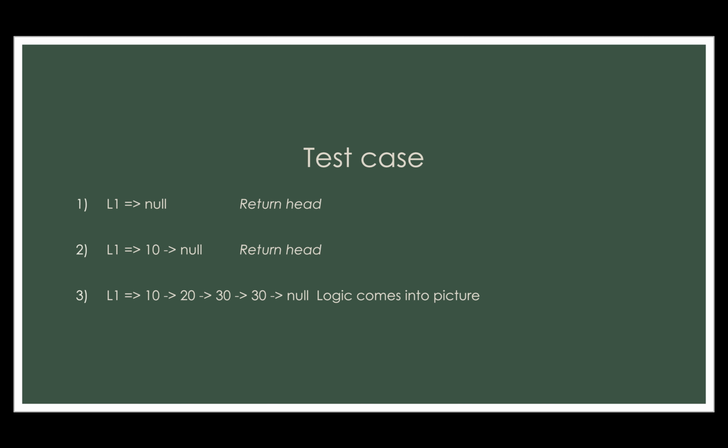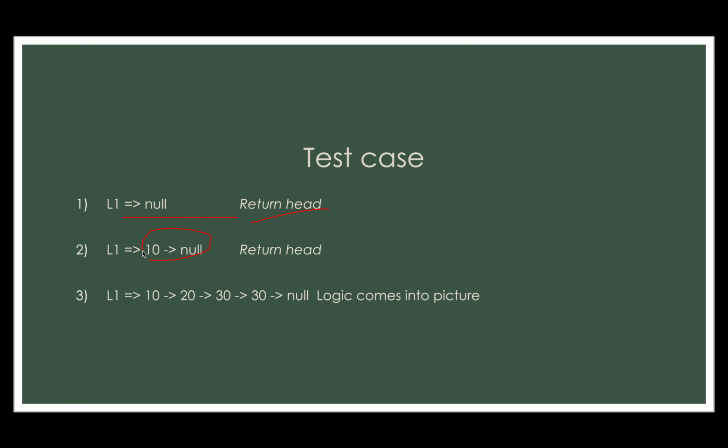Let's take up 3 cases here. It's very important to think of the cases first, even before starting the coding process. The first corner case would be the linked list is null itself. You will return the head, whatever head it is. The next thing could be there's only one element in the linked list.